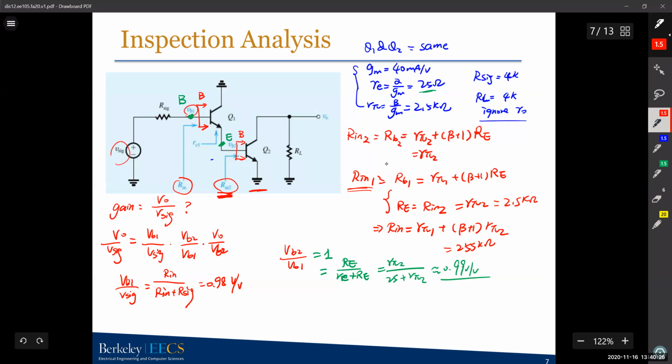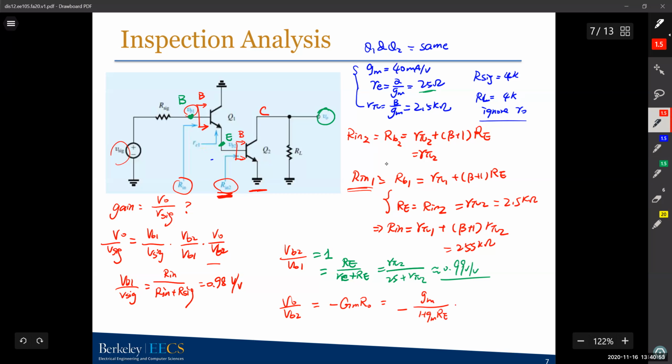And the next one is V out over VB2. V out is here, VB2 is here. So this is from base to collector, right? The gain between base and collector is negative Gm Ro. And the Gm we have defined earlier is small gm over 1 plus gm times RE.